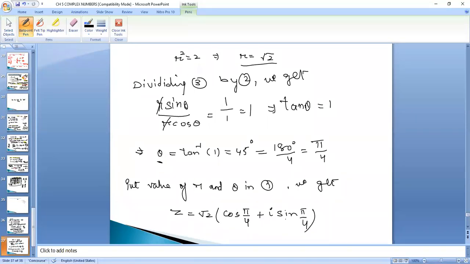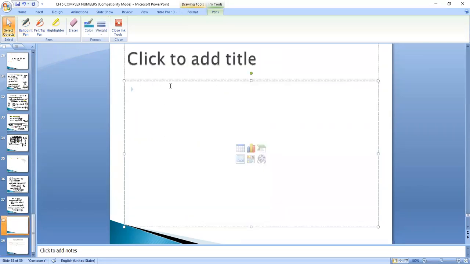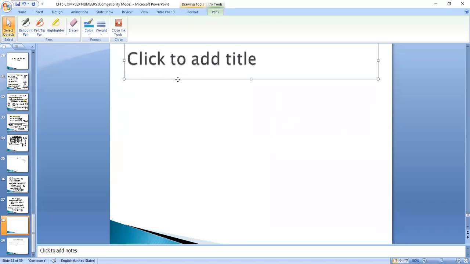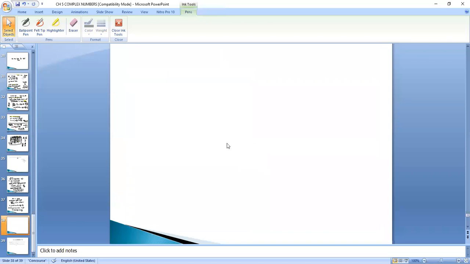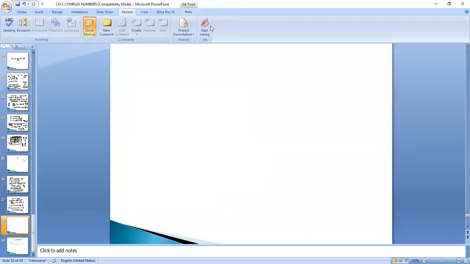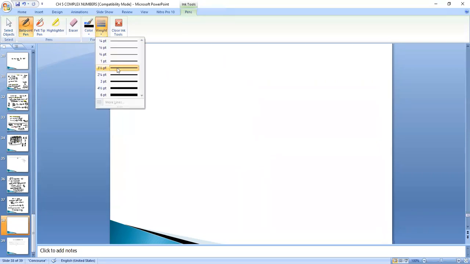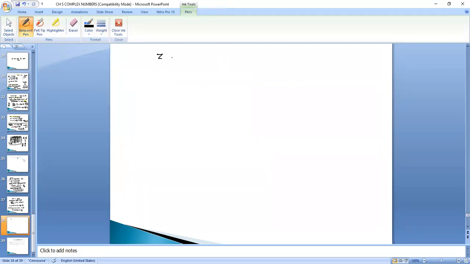And you can do the verification also. It will not be asked in examination to verify. It is just for your satisfaction. You might be knowing that your solution is correct. When z is equals to root 2 cos pi by 4 plus iota sin pi by 4, then can we convert it to Cartesian form, right?